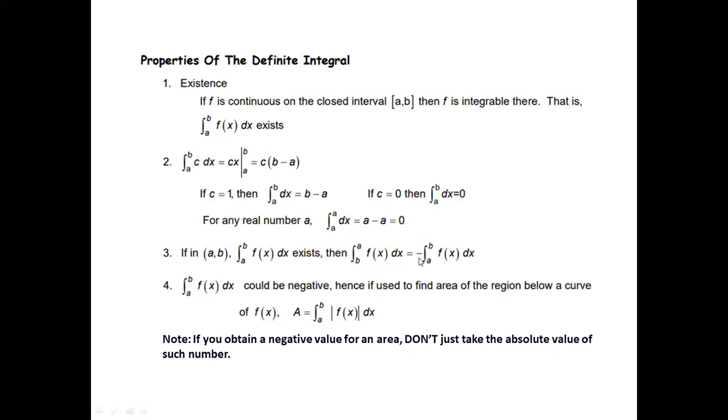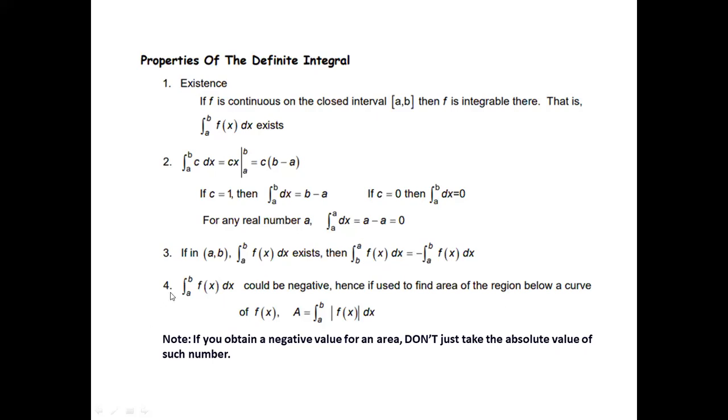Interchanging the lower and upper limits of your definite integral makes the value negative, the negative of the original. So if this is the original and you interchange the limits, then the answer will be the negative of the answer of this. Okay?